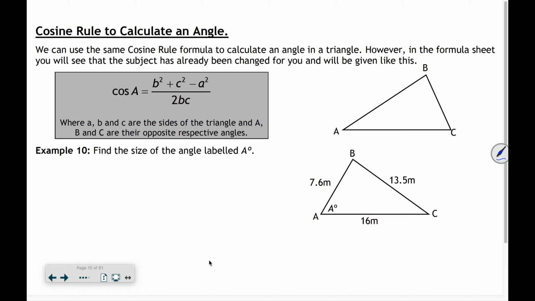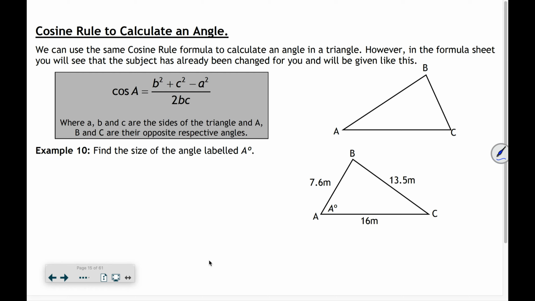We've used the cosine rule to find a side, but because the transformation to use that formula to change subject to find an angle is a bit more complex, what the SQA have kindly done is they have already given that same formula already changed for you. So there's no need for you to take the original cosine rule formula and change it about. They give it to you anyway, so use it. Okay? It's quite kind of the SQA to do that.